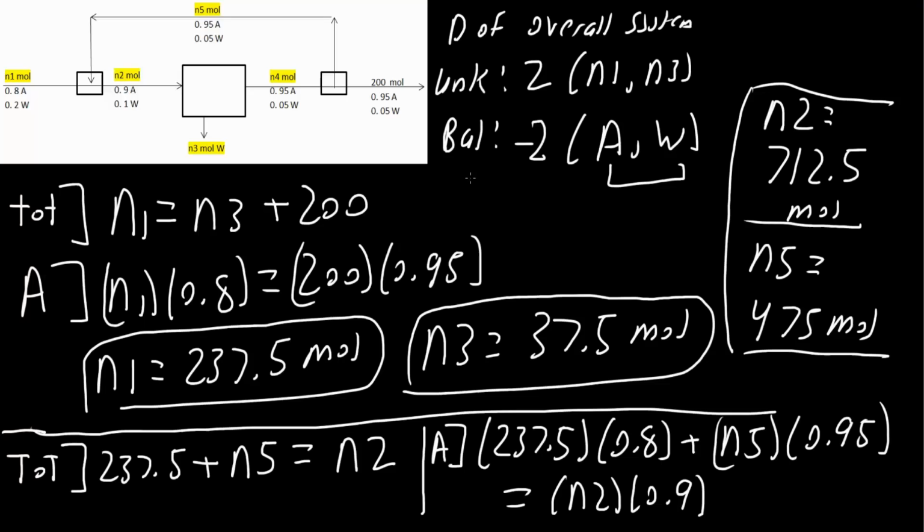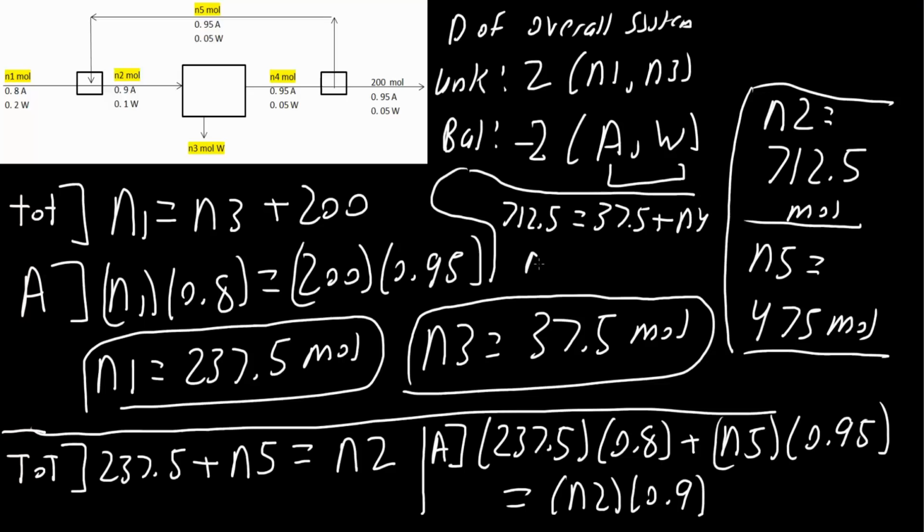It's going to be super simple. So N2 was 712.5. This is going in, and what's going out is N3 and N4. N3 is this number right here, 37.5, plus N4. So now we can solve. N4 is going to equal 675 moles. So we can box in this.